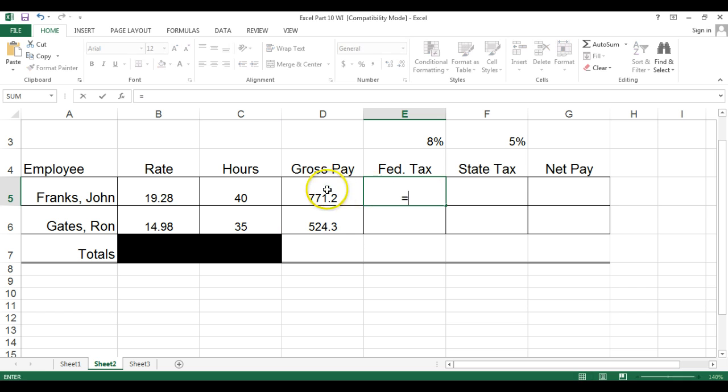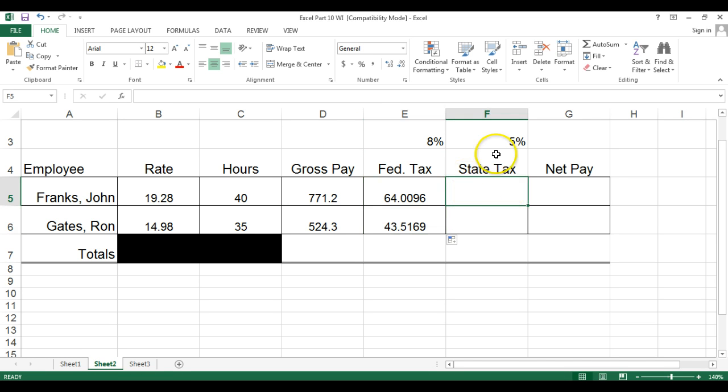Equal sign, gross pay, times. Now remember, we have to use the absolute reference. So we need to do dollar sign E, because that's the column that this 8% is in. And then we need to do dollar sign. Remember, it's row 3 that this 8% is in, 3. Notice you have the line around it. You've frozen that. Let's go ahead and pull that down.